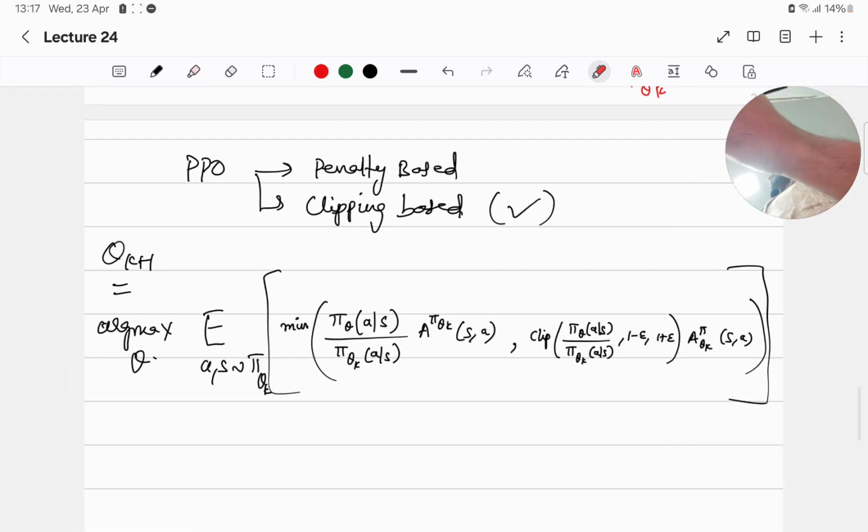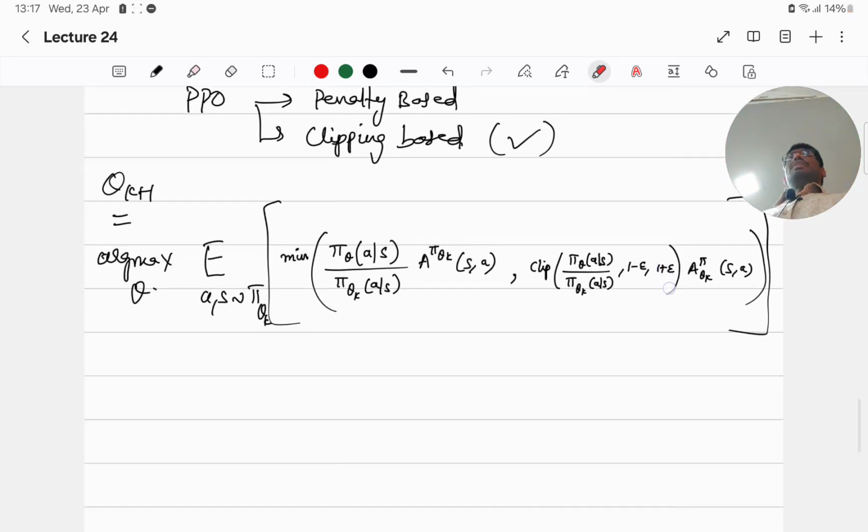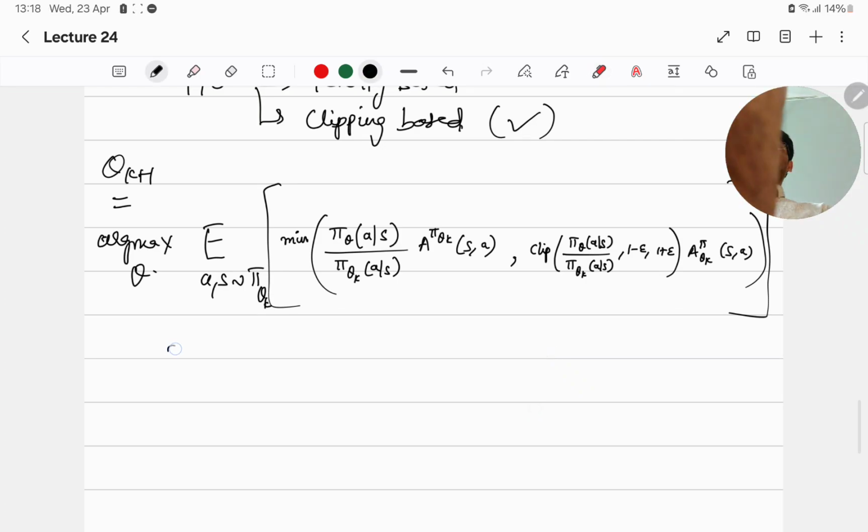Now, although the expression looks complicated, if you just look at the two cases, what are the two cases that are possible for a given state action pair? The advantage is negative, or the advantage is positive. So if you just analyze those two cases, this objective will look much cleaner. Although the effective objective looks like this, there are only two cases that are possible.